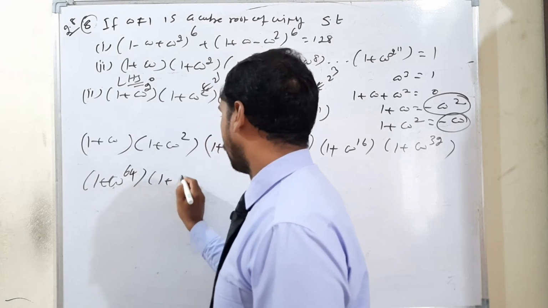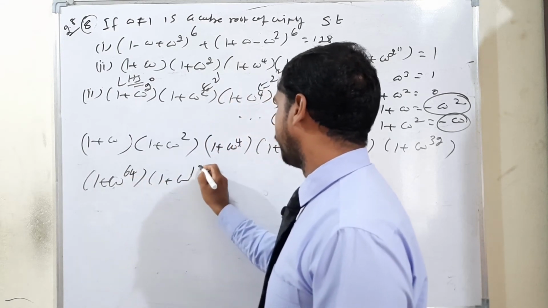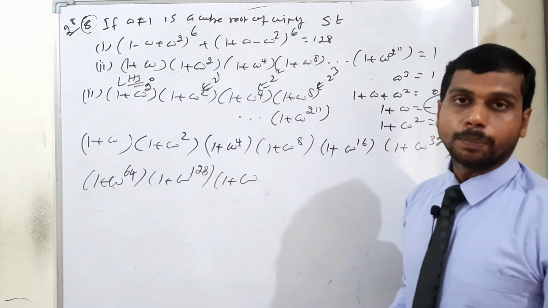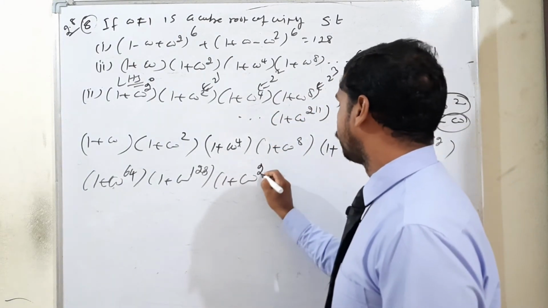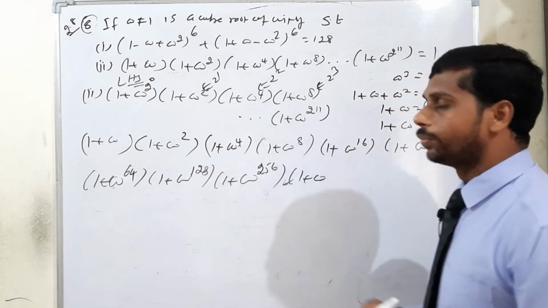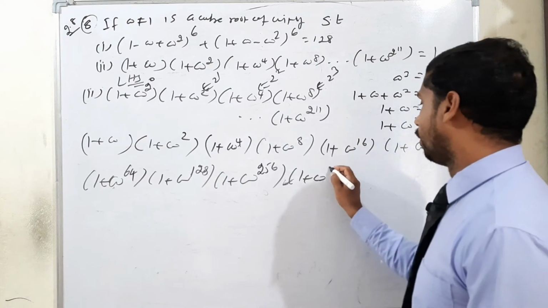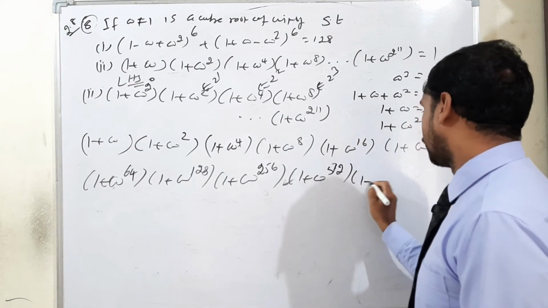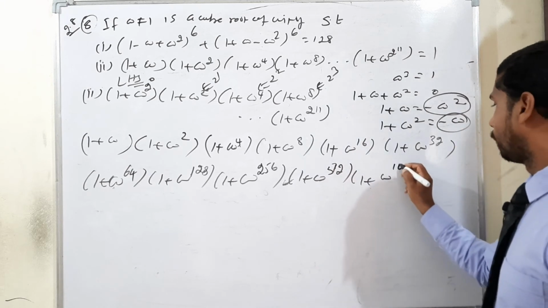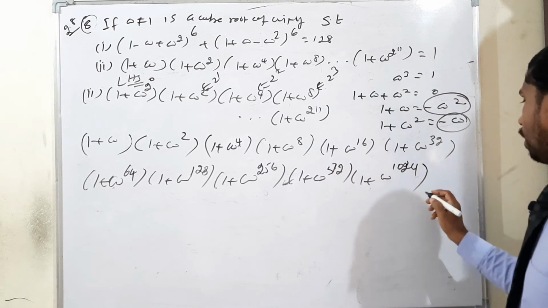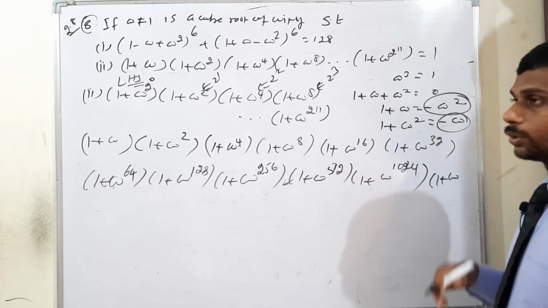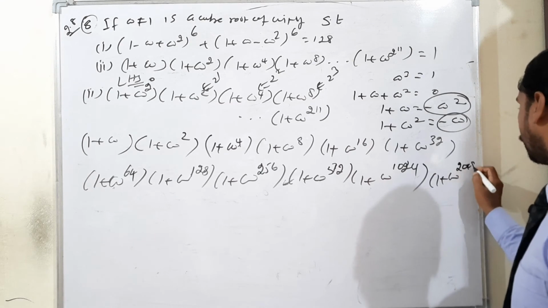Next step, 1 + ω¹²⁸, 64 plus 64 means 128. Next step, 1 + ω²⁵⁶, 128 plus 128 is 256. Next step, 1 + ω⁵¹², 256 plus 256 is 512. Next step, 1 + ω¹⁰²⁴, 512 plus 512 is 1024. Now the last one, 1 + ω to the power 2¹¹, that is 2048. Look at that.